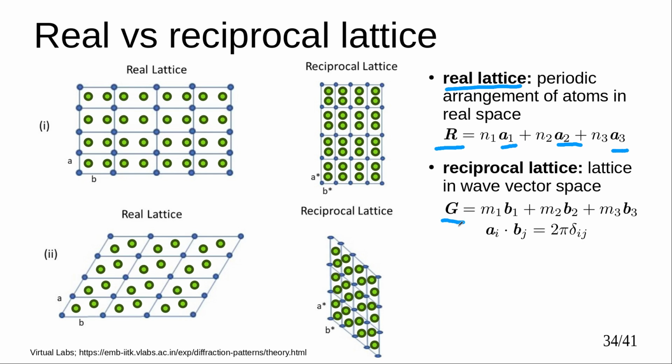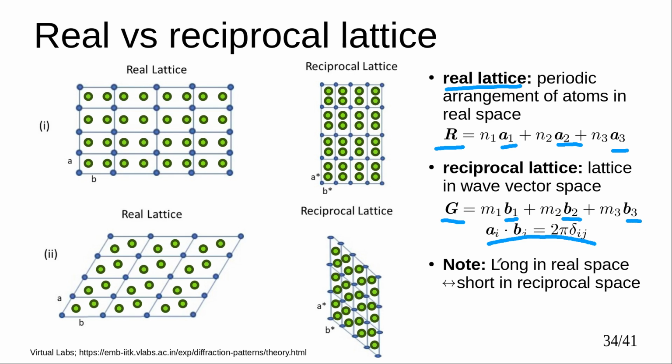However, here it's made out of the reciprocal vectors B1, B2, and B3 with scaling factors. And one important thing is that the product between A1 and B1 is 2π times a delta function. So the real lattice and the reciprocal lattice are actually connected.